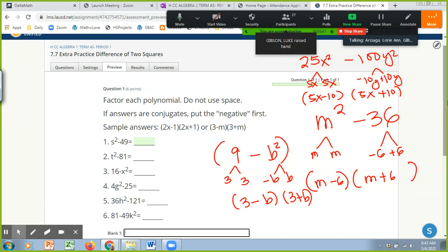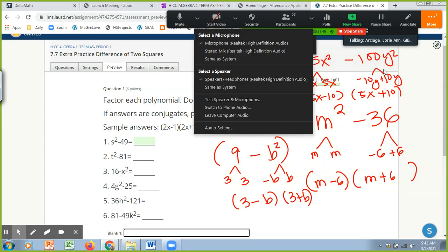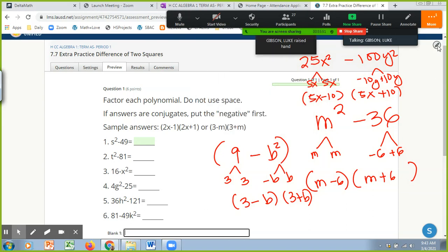Because in number 3, the variable and the exponent are negative, as well as in number 6. But in number 6, I got it correct when I put the variable on the right side in the parentheses, and still put the negative one first. But in 3, I did the same thing and got it wrong.